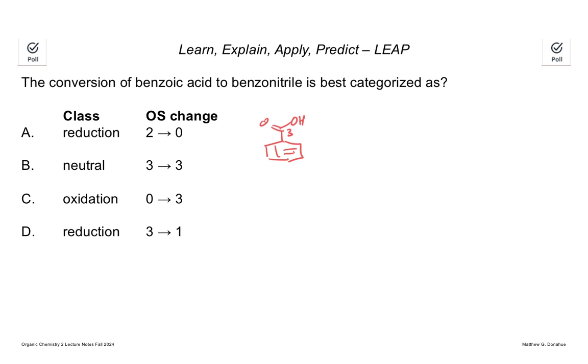So this is oxidation state 3 to benzonitrile, which is also at oxidation state 3. That's not changing. So 3 stays to 3. So there's no change in oxidation state. And again, we call that just a functional group equivalency.